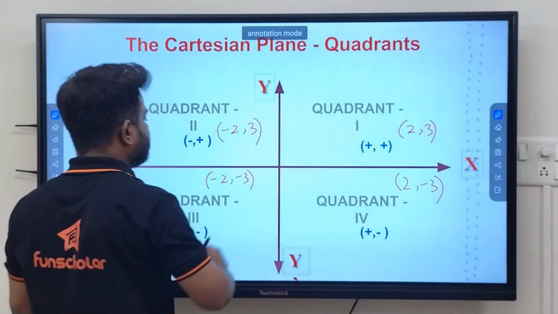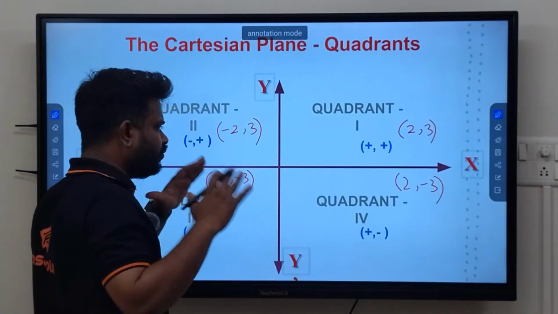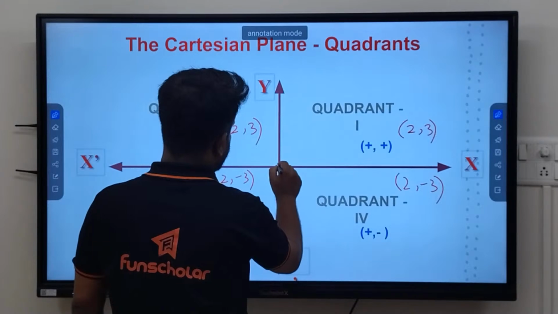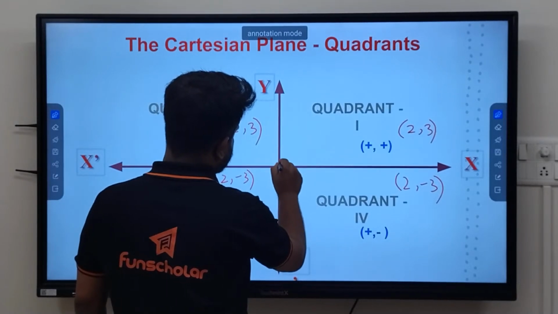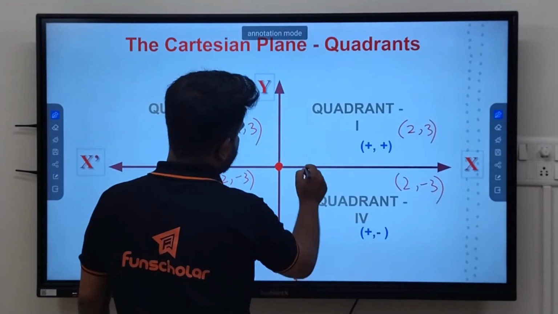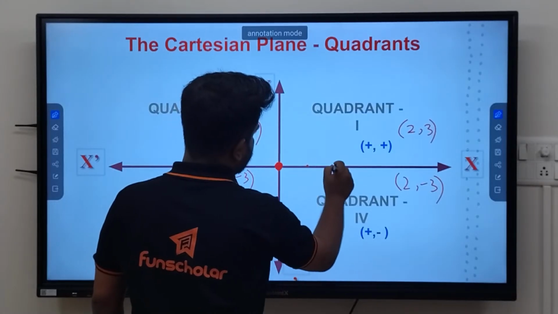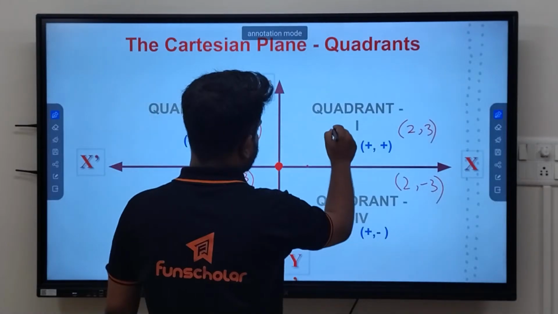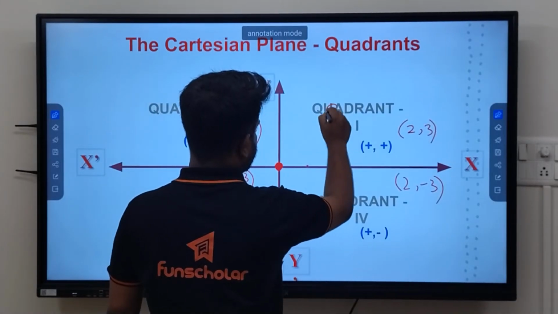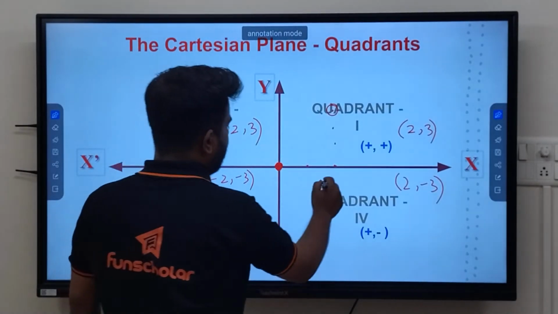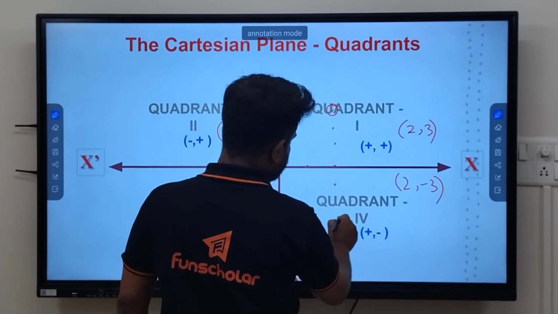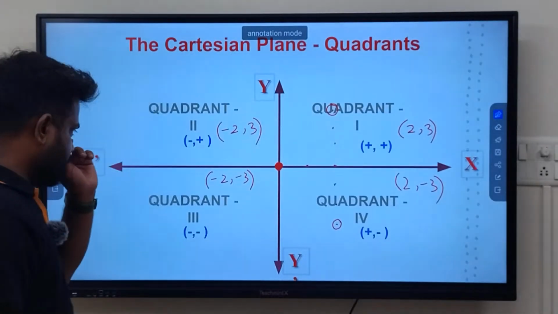Let's do a bit roughly. This is 0, 0. This is the origin 0, 0. This one is 1, this one is 2. In a similar way, this one is 1, this one is 2, this one is 3. So 2, 3 will be here, and 2, minus 3 will be here.